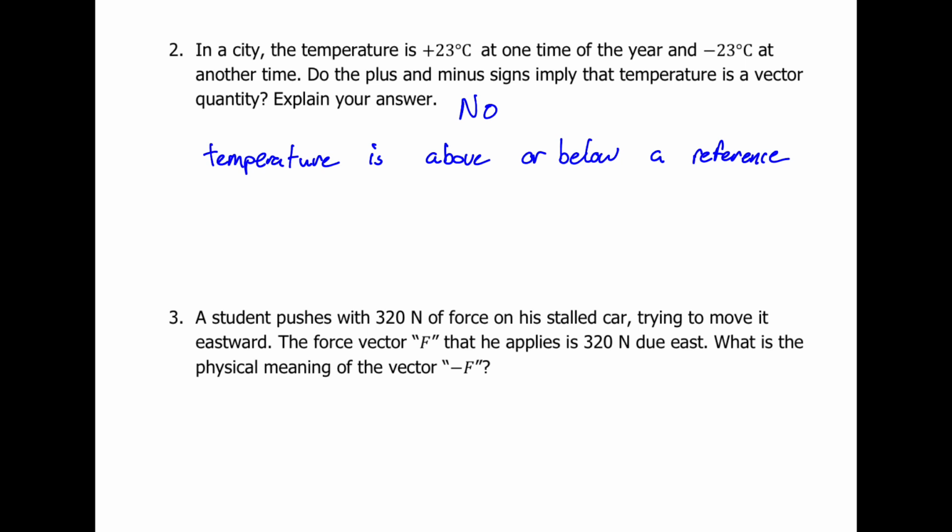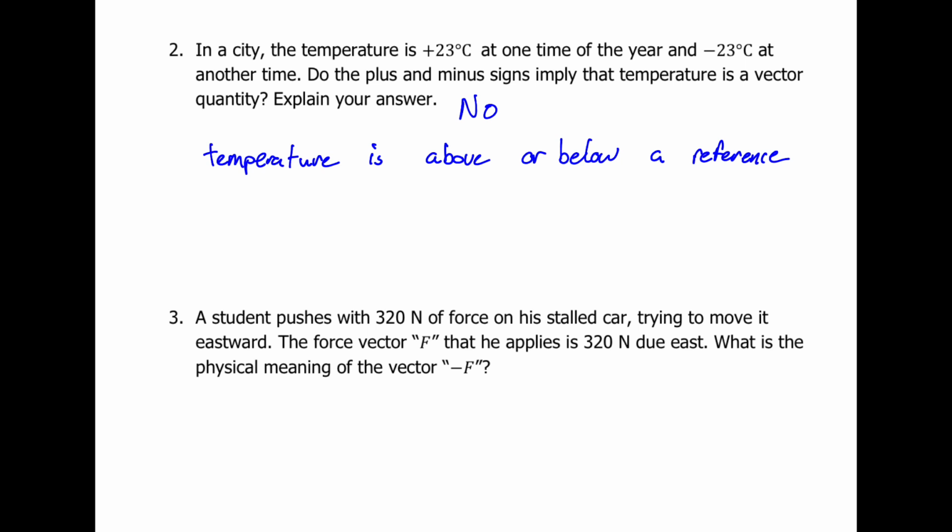But the temperature didn't go up or down. The temperature increased or decreased. So that's why I like to include this part of the question. So the temperature is above or below a reference point. I think minus 23 is definitely negative in Fahrenheit still. But that's one where negatives and positives don't necessarily imply direction.